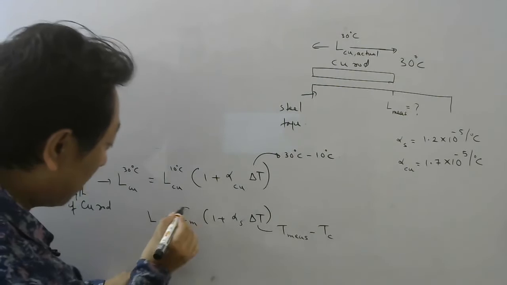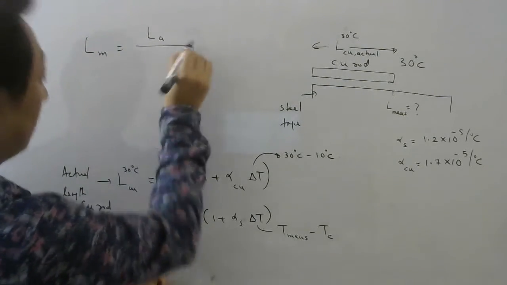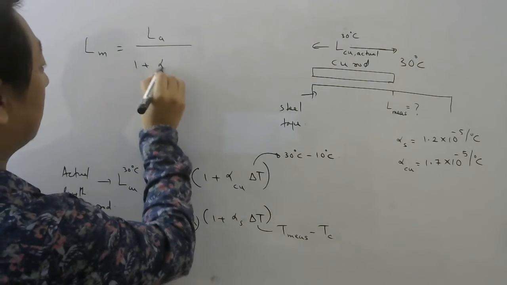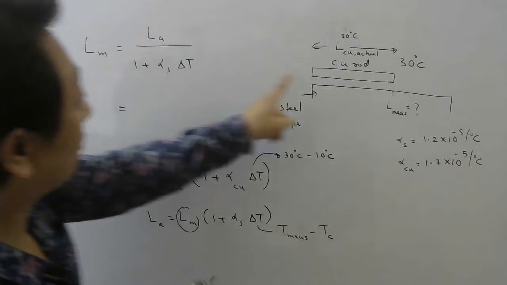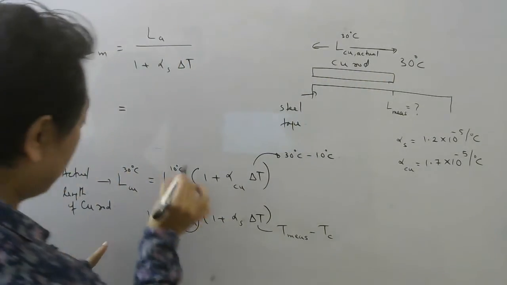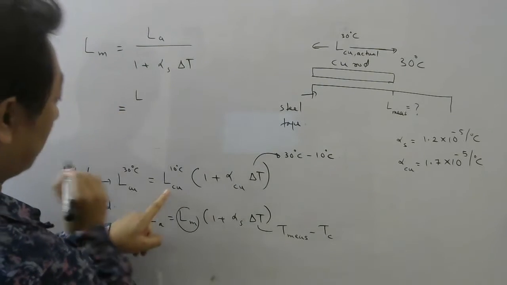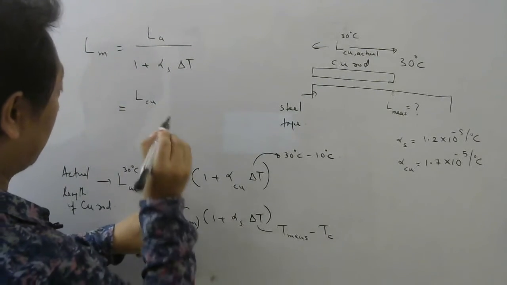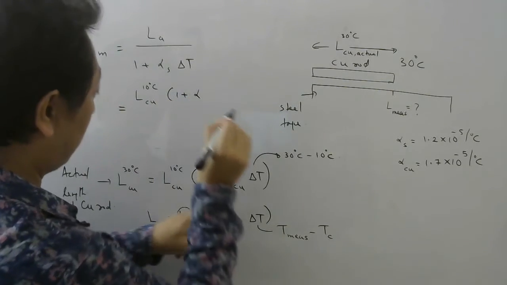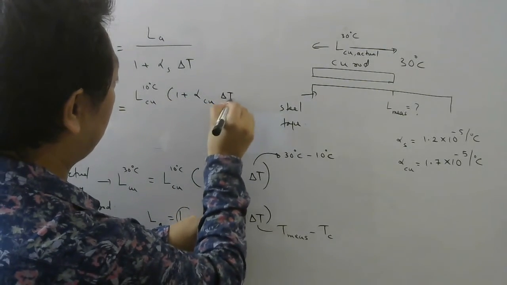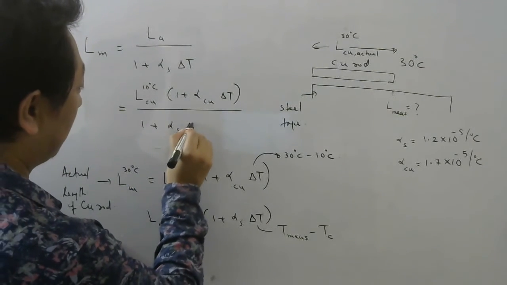So now since I want measured length, that will be equal to actual length divided by 1 plus alpha of scale delta T. Now what was the actual length of this rod at 30 degree? That is this one, right? This is the actual length of the rod at 30 degree. So length of the copper rod at 10 degrees Celsius, 1 plus alpha of copper into delta T divided by 1 plus alpha of scale delta T.